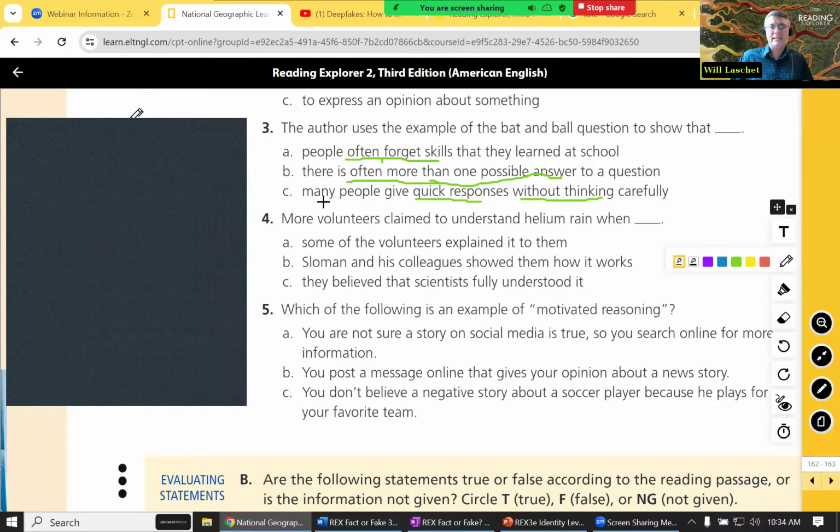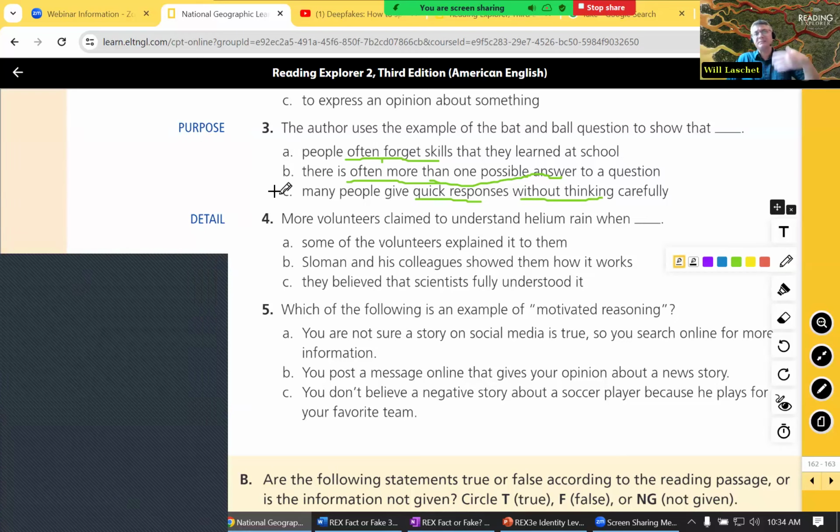All right, and again, we want to explain to our students why the other ones are wrong. The first one is talking about maths. It starts off talking about maths, right? Bat and ball, and we could argue that that question makes us feel like our maths is not very good. But showing our maths is not very good and that we forgot that at school does not relate to the rest of the article, right?